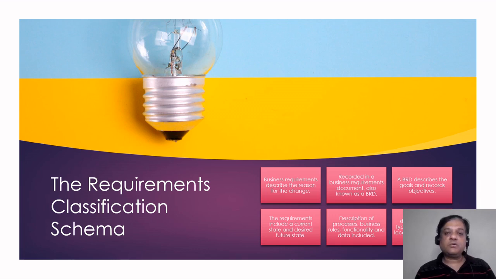Assumptions are also documented. Assumptions are the things that are thought to be true but have not yet been validated. So, for better management of the project, the constraints must also be documented by the business analyst.